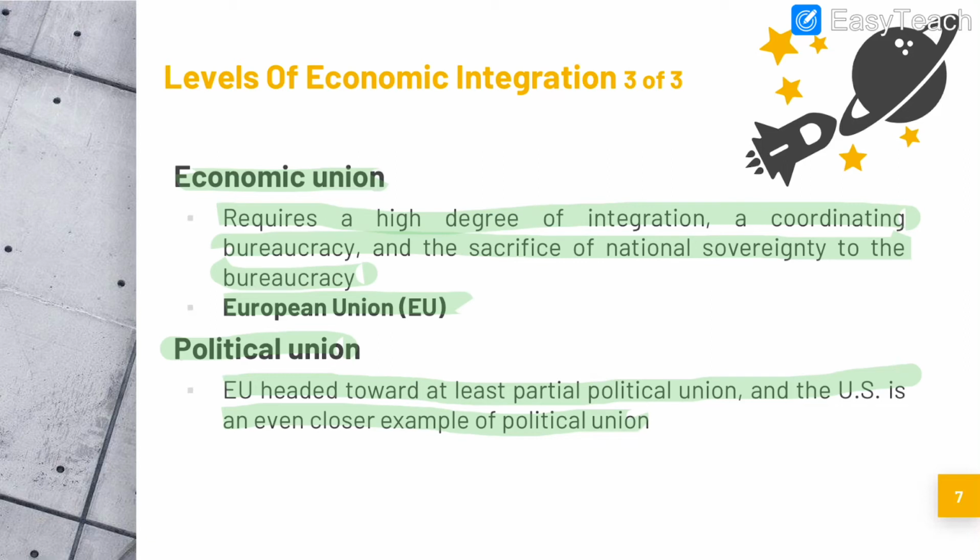For example, USA, we have 13 colonies. Okay, this political union is when the members of a trade bloc add a political dimension to their existing dimension. Okay, another example of a political union is the Commonwealth of Independent States, and also the European Union. So this is an example of the political union.